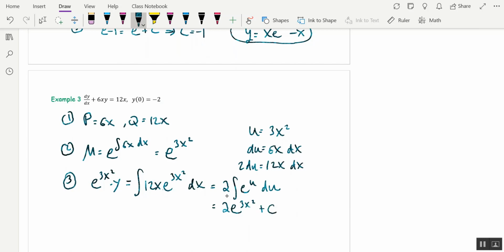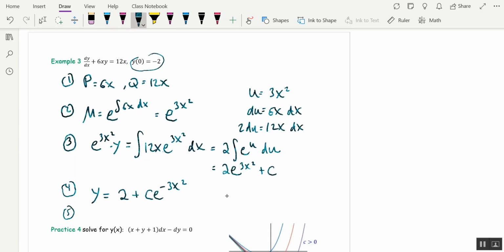And then step 4, I'm going to divide both sides by e to the 3x squared. So y is 2, and then plus c over e to the 3x squared. I'm going to write that as c e to the negative 3x squared. Okay, that would be our answer, except that this is an initial value problem, so there's going to be a step 5.